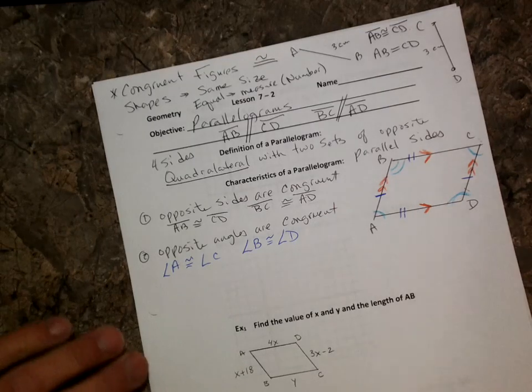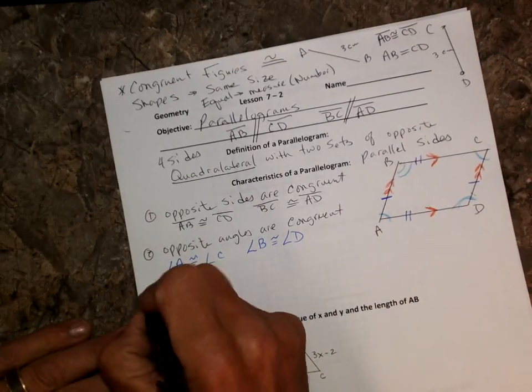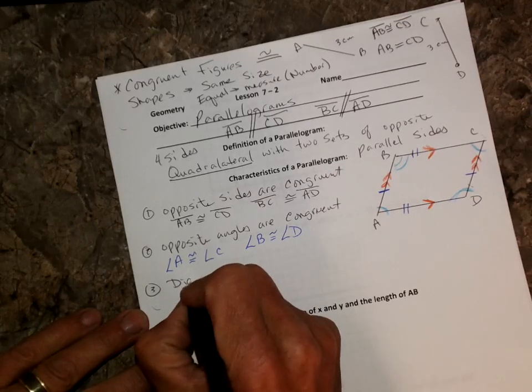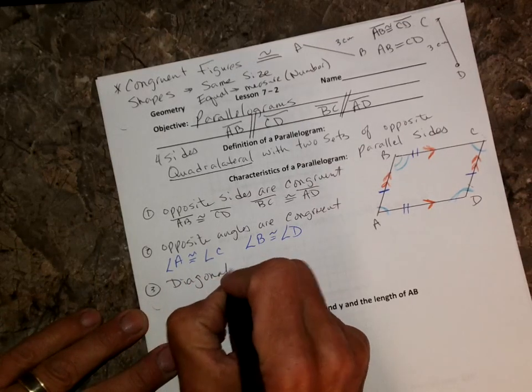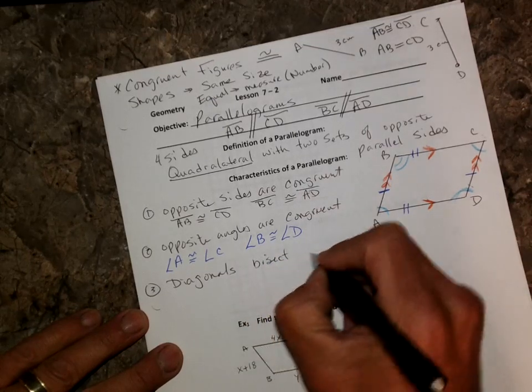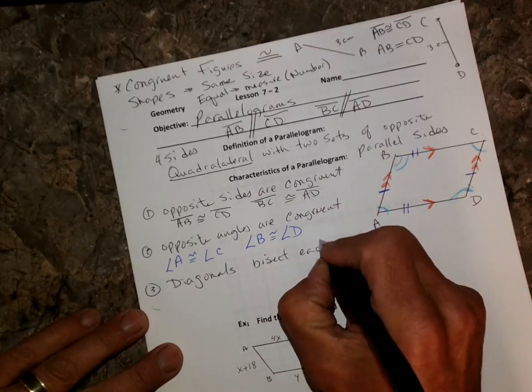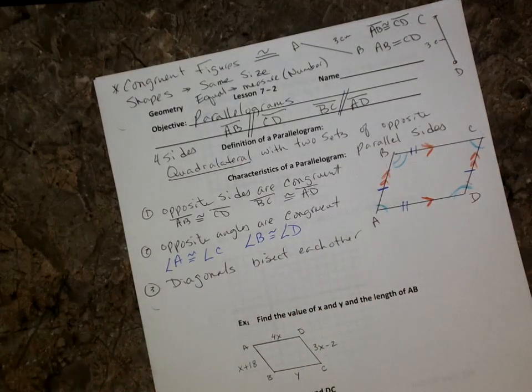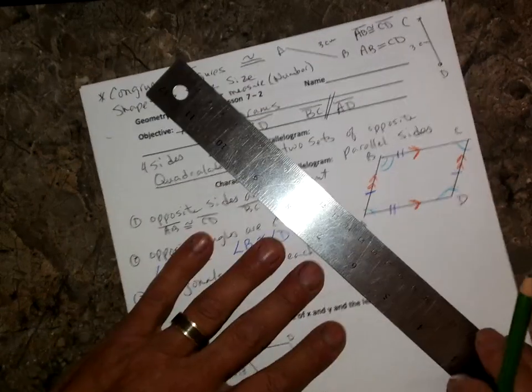Now, the third thing that you may not know is the diagonals bisect each other. Let me draw on my diagonals. My diagonals are going to be these segments from corner to corner, vertex to vertex.